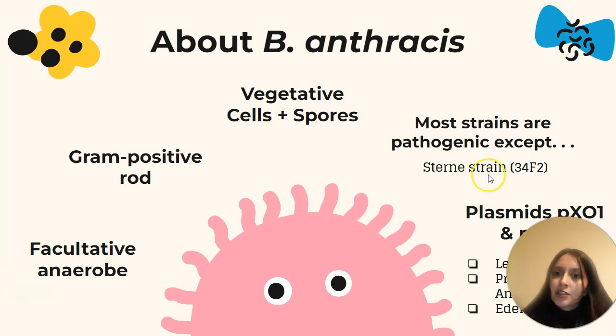That leads us to the discussion of the two plasmids responsible for Bacillus anthracis' virulence, and these two are PXO1 and PXO2. These plasmids contain the genes that encode for anthrax toxins and a poly-D-glutamate capsule, respectively.